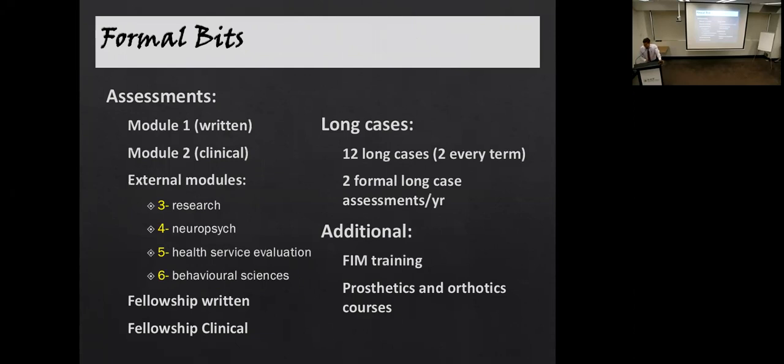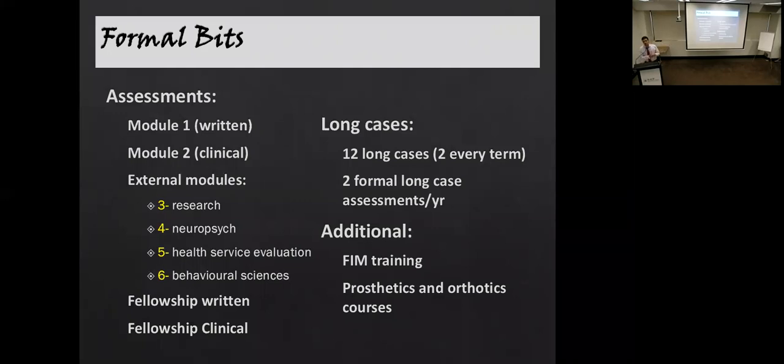Some of the formalities from the college training perspective is you need to tick off certain milestones, certain blocks. Those are mandatory parts of your training program before you get your letters. So module 1, module 2, then there are the external modules which you need to go through, leading on to the fellowship written and the fellowship clinical exams.